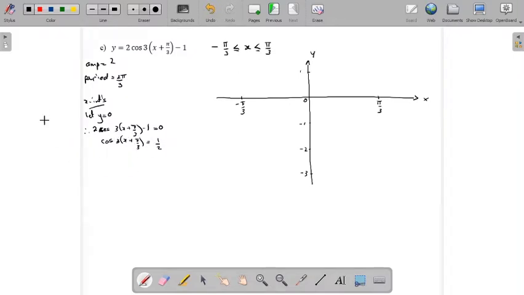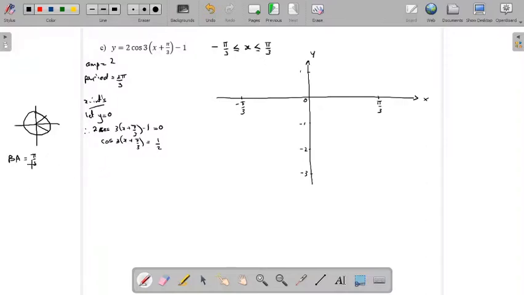So then solving for that, remember we need to work out a couple of things. First of all, where are our solutions going to be? This is positive 1/2, so our solutions for cos will be in the first and fourth quadrants. Our basic angle, where is cos equal to 1/2? If you refer to your exact values table, that will be pi on 3.